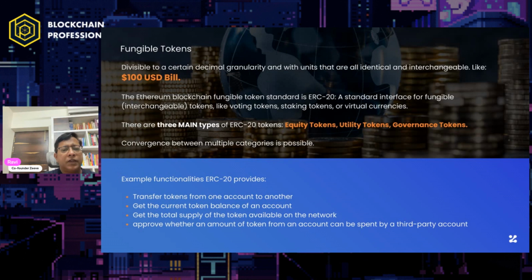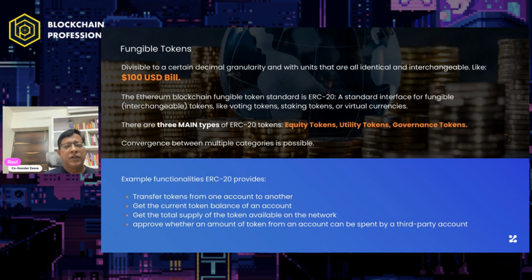And the common standard for creating fungible tokens is ERC20 on Ethereum and pretty much all EVM compatible chains. So you can create tokens which represent a certain value or certain asset. It may be a utility token, which may represent an enterprise value or a network value. It may be voting rights.